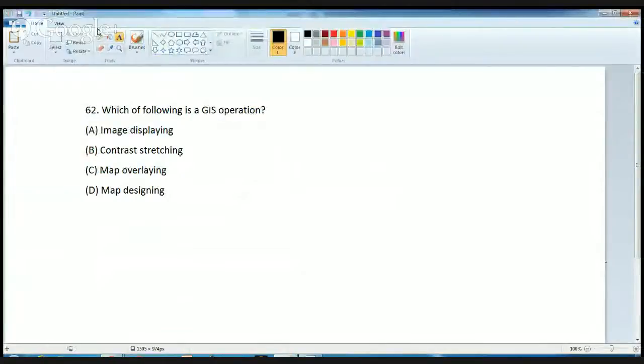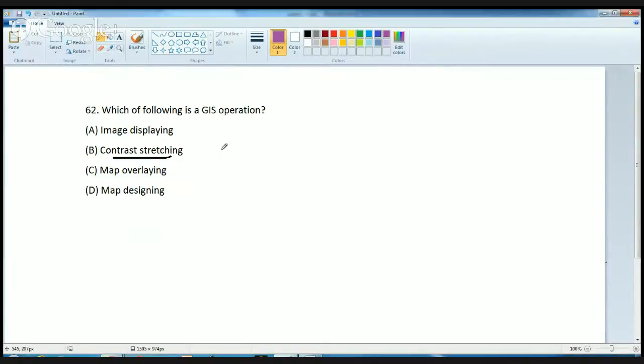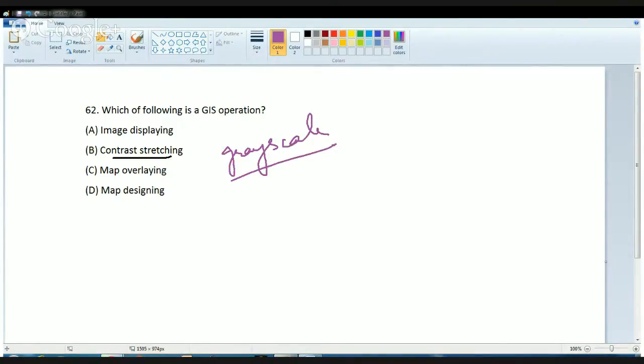Among these four, contrast stretching is a technique that is used for GIS. In contrast stretching, what we do is we increase the contrast of the image. We can change the image from grayscale and increase the contrast, so it helps to make the features much more specific and detectable.